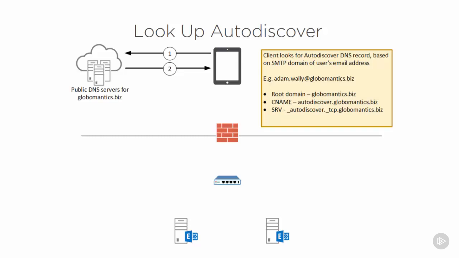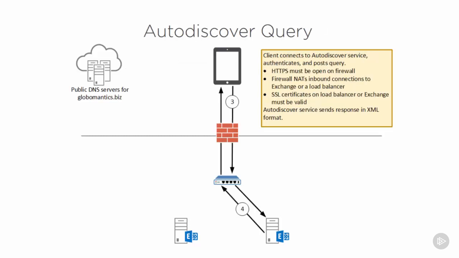That will mean the client will first look for globomantics.biz as a root domain lookup. And if it can't find an AutoDiscover at that address, it will look for autodiscover.globomantics.biz. And then again, if it can't find AutoDiscover at that address, it will try looking for an SRV record. So it will try them in that order, and as soon as it finds an AutoDiscover service at one of those addresses, it will send an AutoDiscover query.